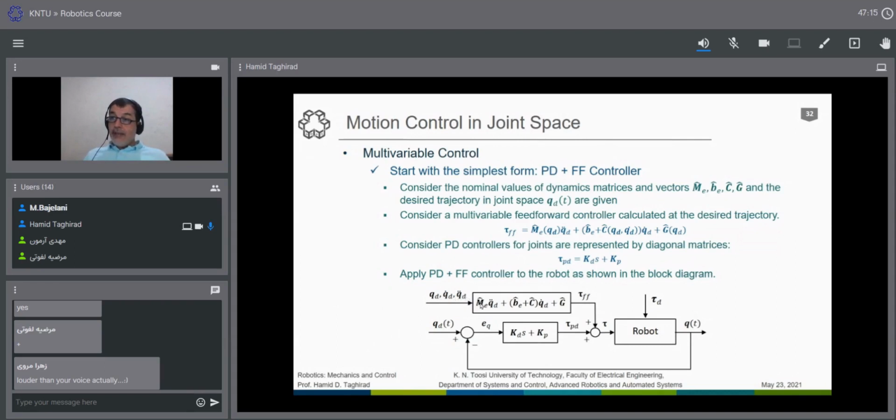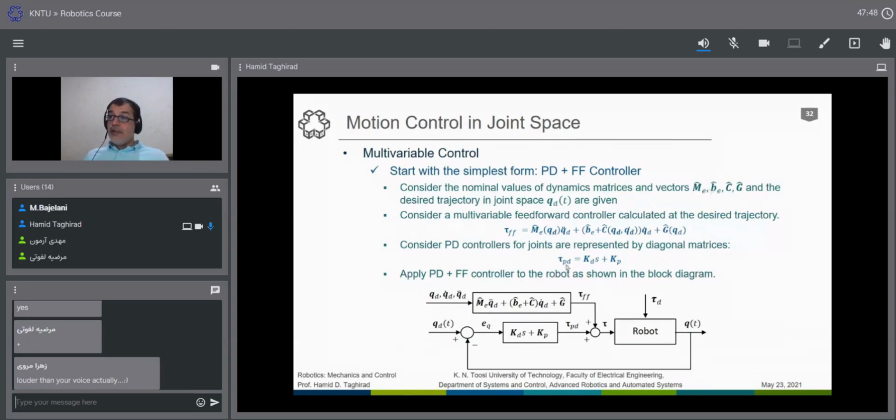So we use the dynamics but as feed-forward dynamics, meaning that we don't use the true Q here, we use the Q desired. And we assume that the robot is working fine, so Q and Q desired are very close to each other. We also assume that we know the values of the matrices of the dynamic system. We call them M hat, B hat, C hat, and G hat, and we give them to the system.